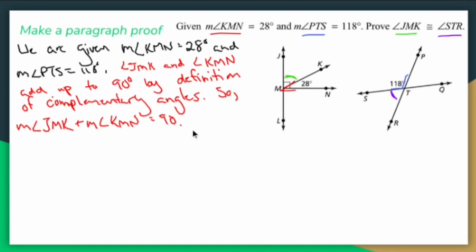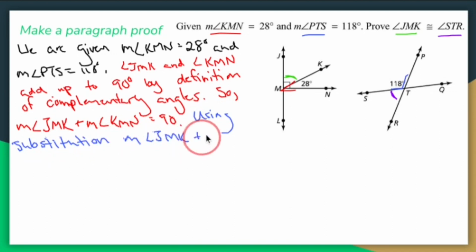Now, if that's the case, what I can do is I can replace measure of KMN with 28, using substitution, the measure of angle JMK plus 28 equals 90.